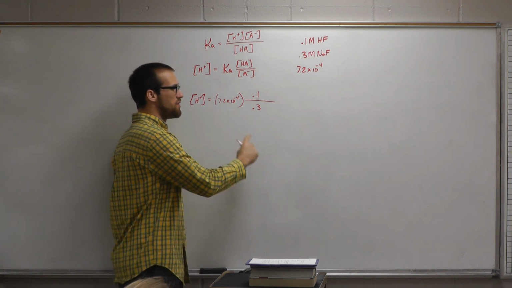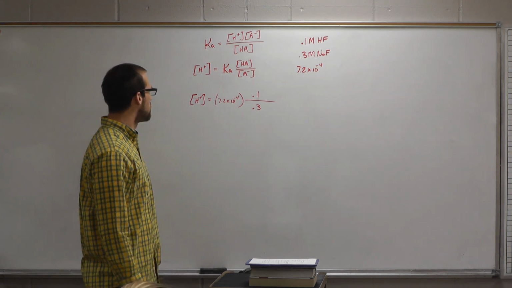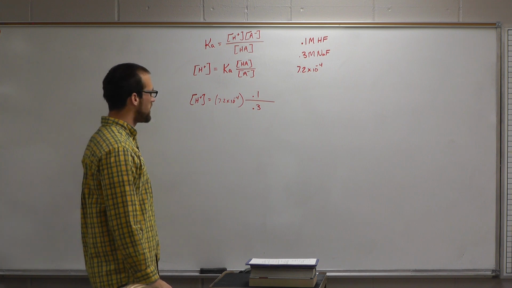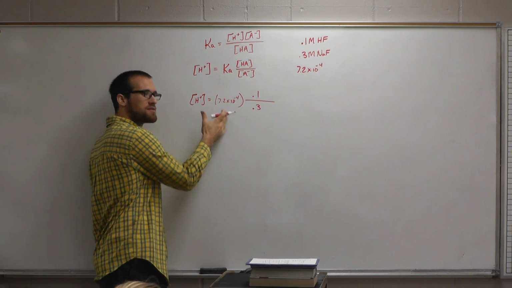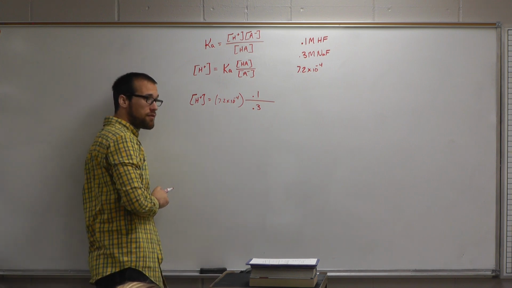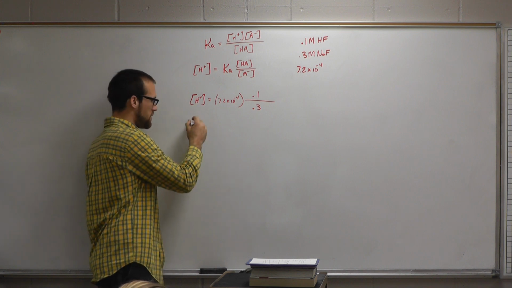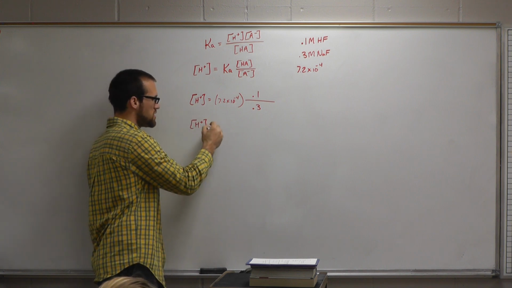Okay, we would have removed the X's. This would be how we would solve for our X if we were doing our typical ice table stuff. Find the H plus concentration when you solve that.